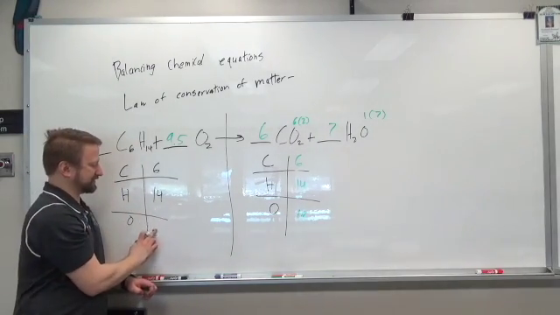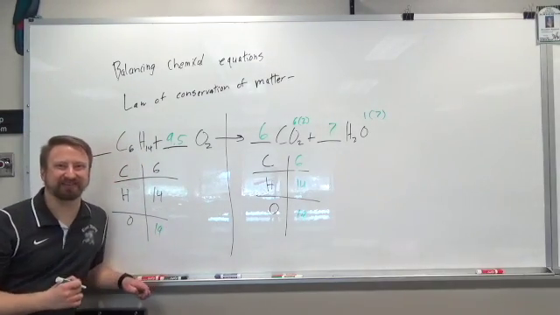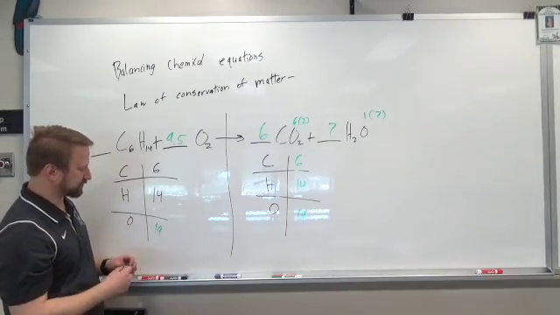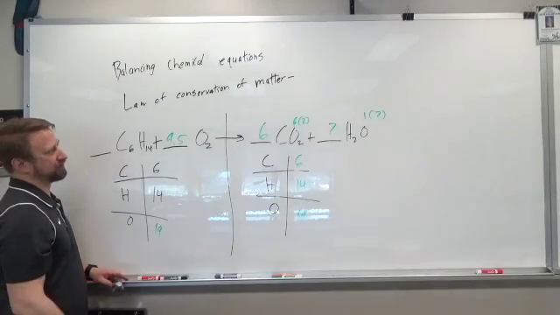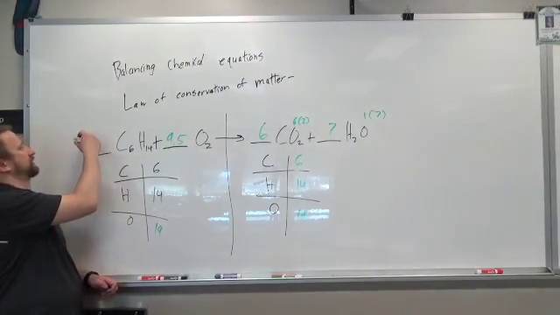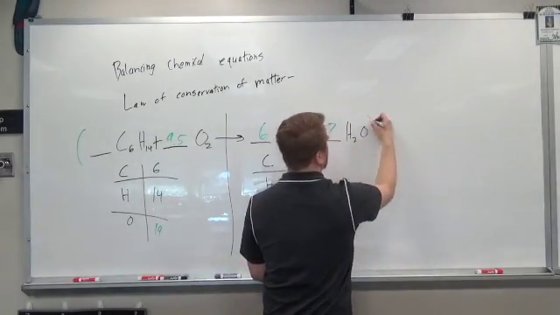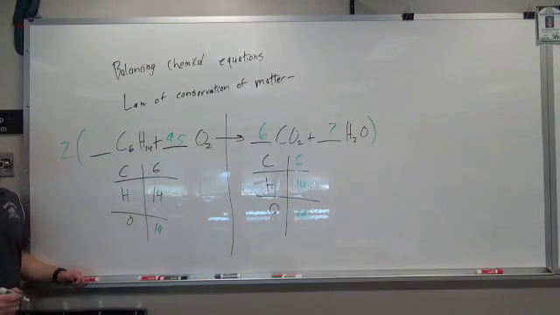Because that would give me 19, right? Problem is I can't have half of the molecule. I can't just like, nah, you're gone. So we have to fix that. The easiest way to get rid of a half is to multiply everything by 2.